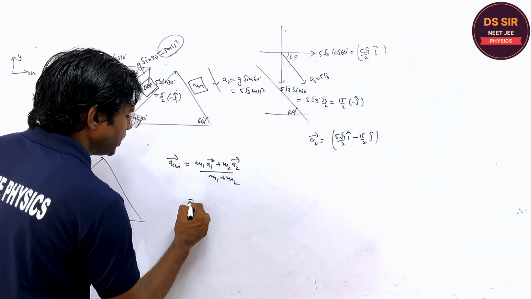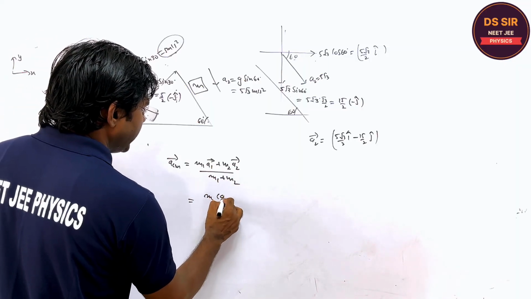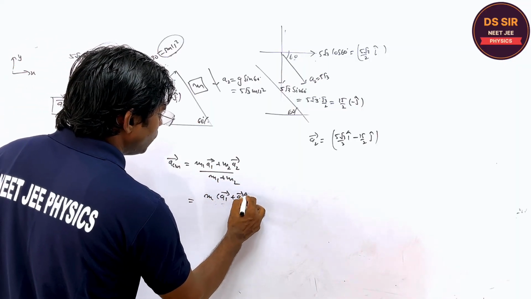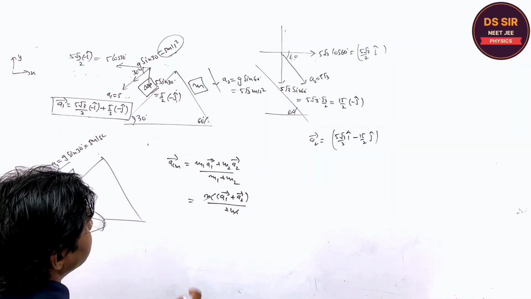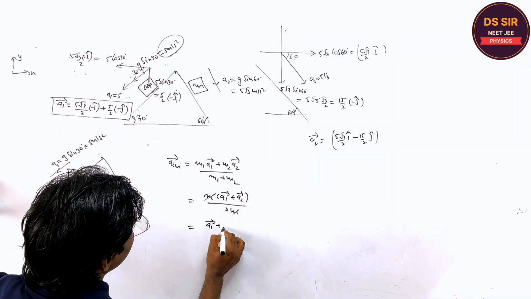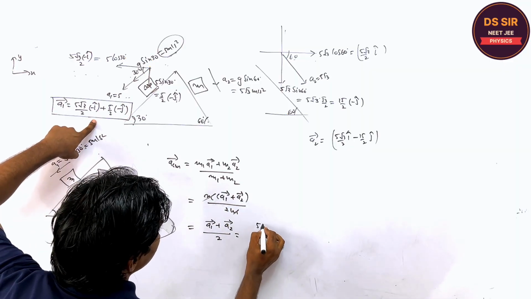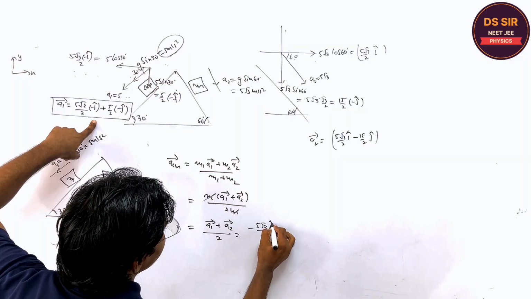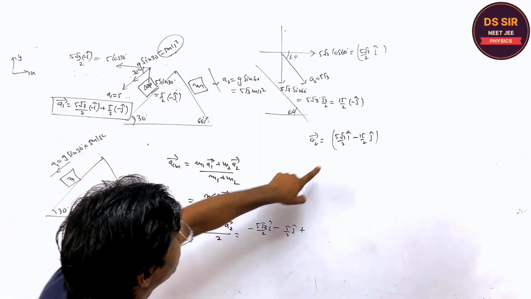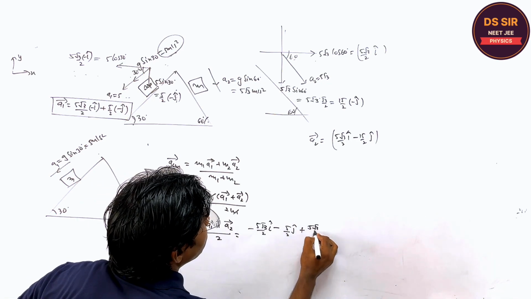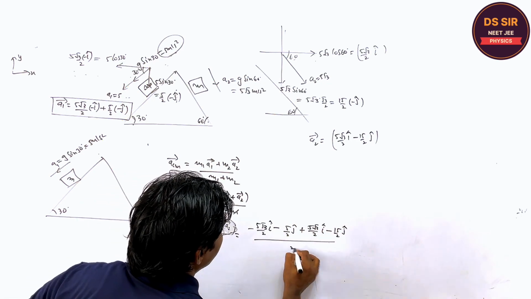Now I will put in this case M1 and M2 both are equal. So M times A1 vector plus A2 vector divided by 2M, the M will cancel out. So what is the center of mass acceleration? A1 plus A2 divided by 2. This is the A1 vector, 5 root 3 by 2 minus i cap, 5 by 2 j cap, plus this is 5 root 3 by 2 i cap minus 15 by 2 j cap, divided by 2.